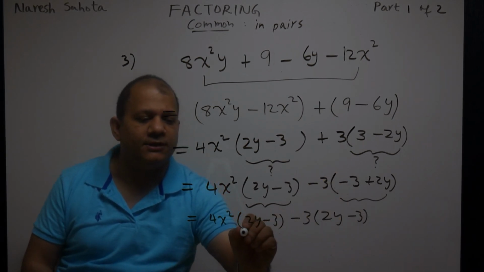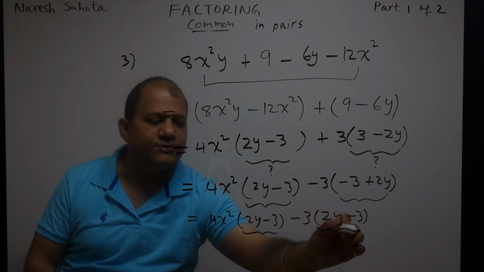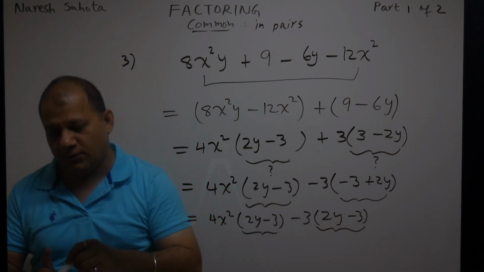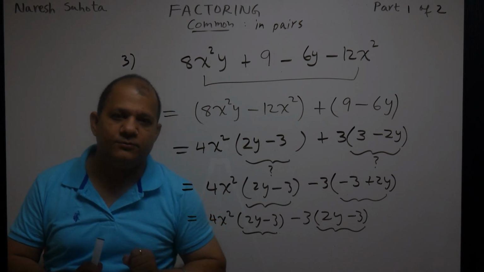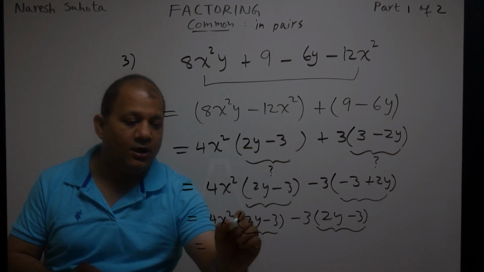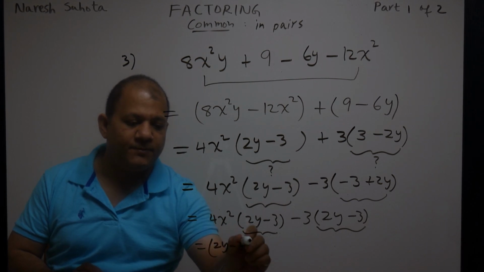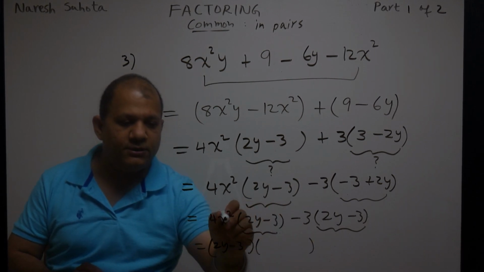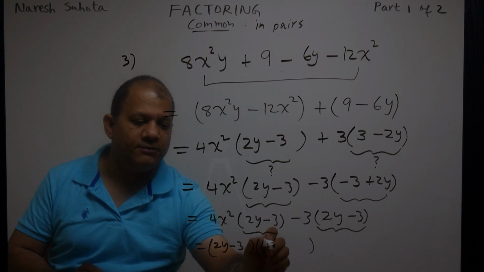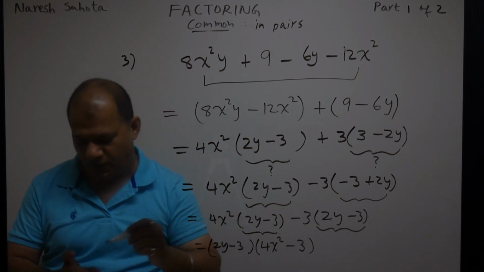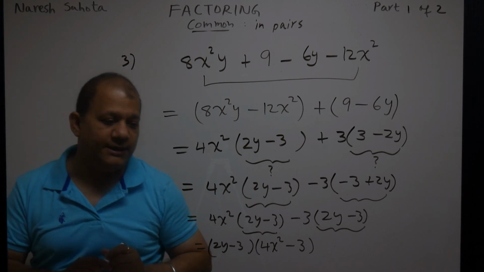So now you can clearly see that 2y minus 3 is identical in both terms. So now from here, the common factor is the bracket, which is 2y minus 3. And then I pull that out, and the remaining factor here is 4x squared, and for the second term it's minus 3. So this is the final answer.